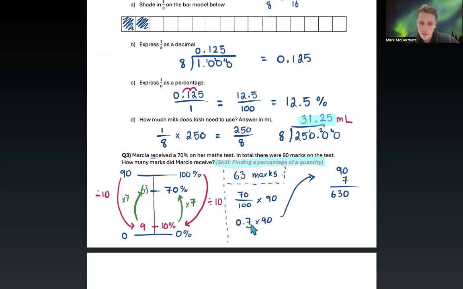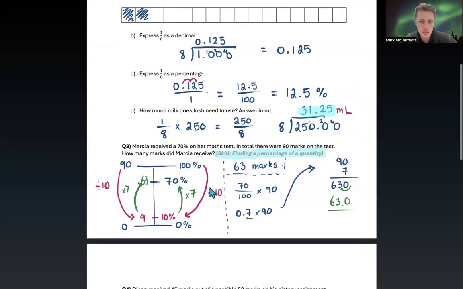There's only one number to the right of the decimal point here, so we move the decimal point one place, and we get 63.0, which is what we said before, 63 marks. So you can work it out as a multiplying decimals question, or you can use a double number line. I like the double number line because it helps visualize the proportions between things.